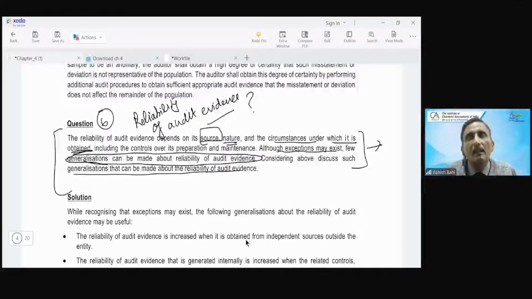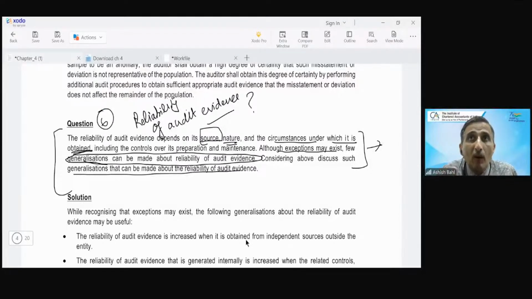When audit evidence is obtained from a source outside the entity, it is more reliable. When the audit evidence is obtained by the auditor himself, it is more reliable than evidence obtained just by means of inquiry.